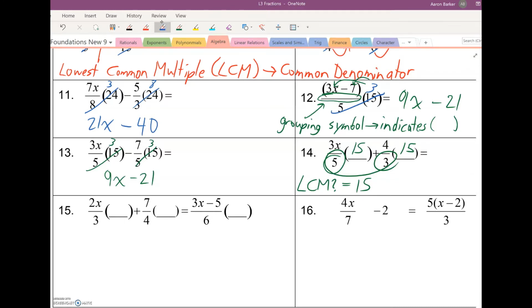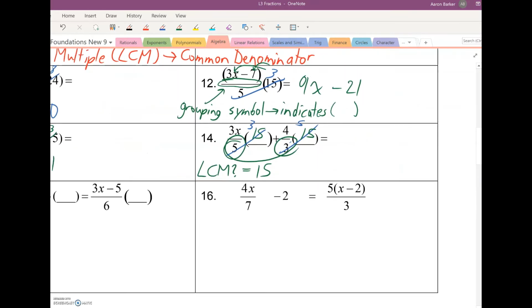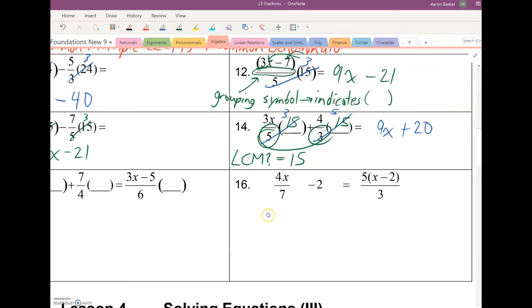Otherwise, you're not canceling out properly. So then 15 divided by 5 is 3, and 15 divided by 3 is 5. So now when you multiply, 3x times 3, and 4 times 5 is 20. And you can't add those together because they're not like terms.